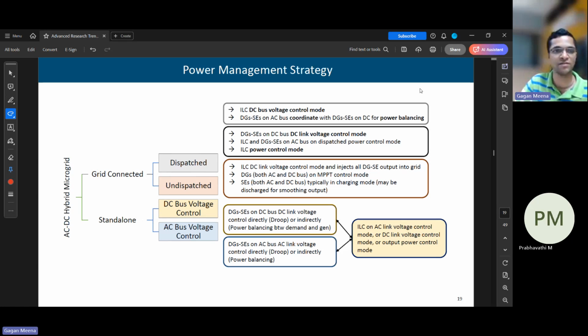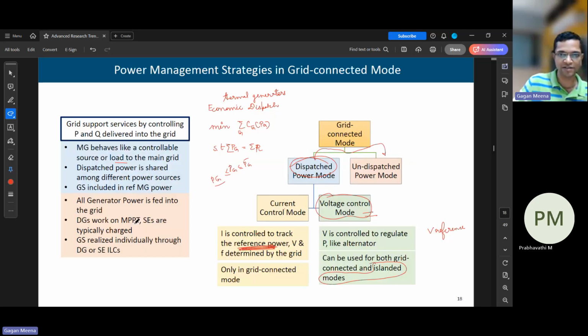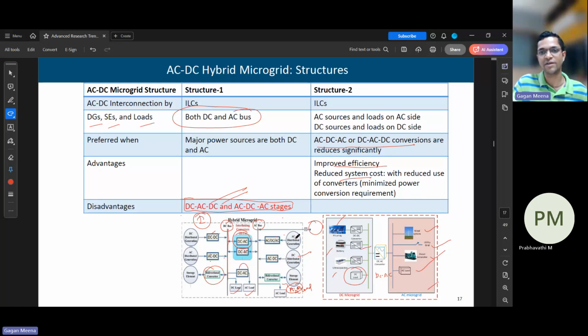Okay, this is how in these different modes, different elements operate. It's again a more detailed version of the previous slide. Here, we are discussing the different types of components in the AC/DC microgrid.